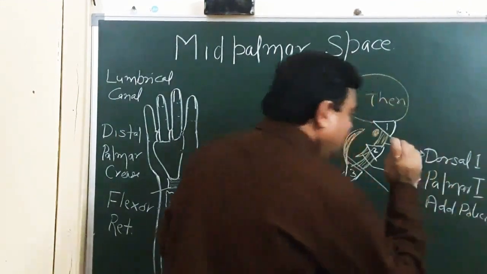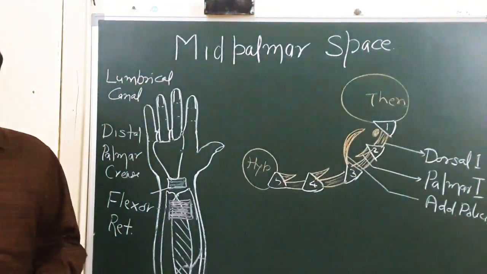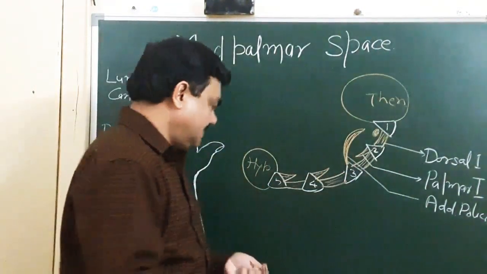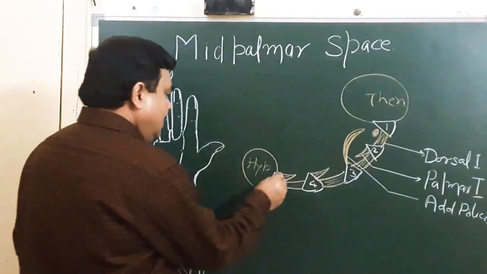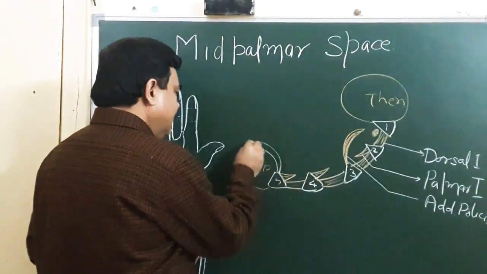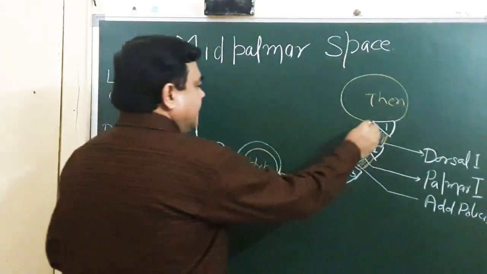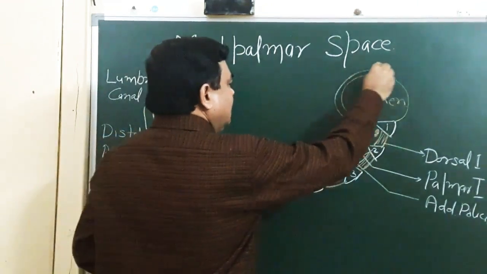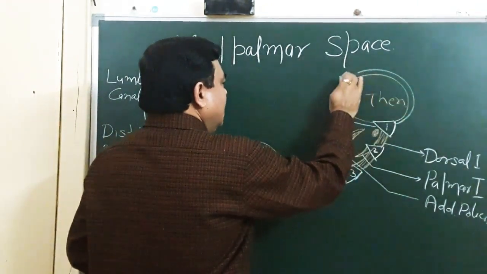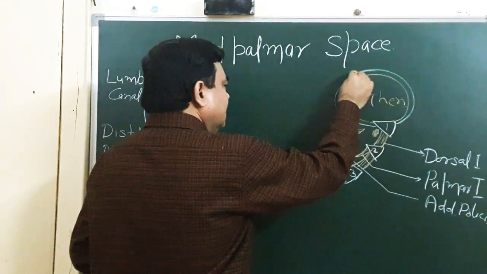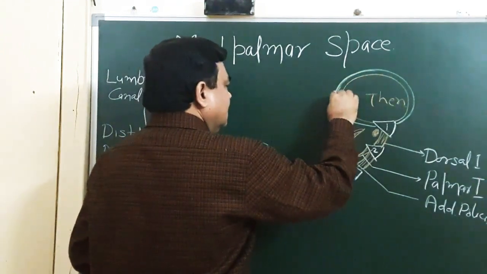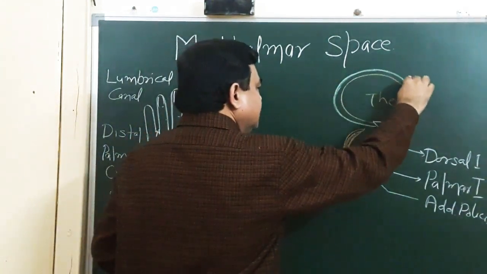Here is the fascia covering the thenar muscle and the hypothenar muscle.